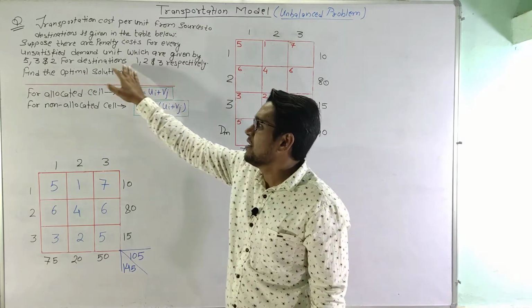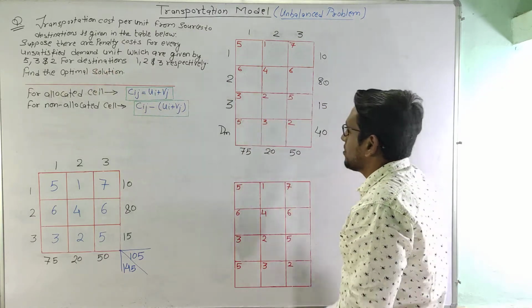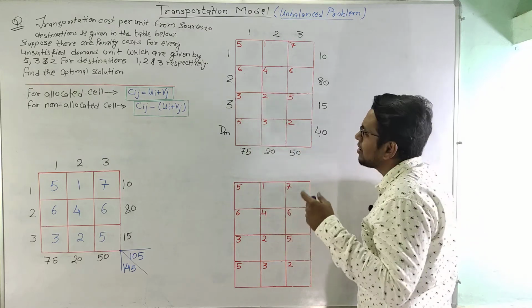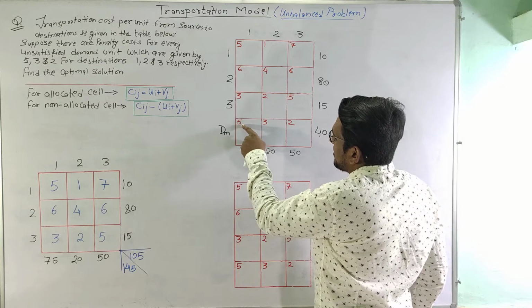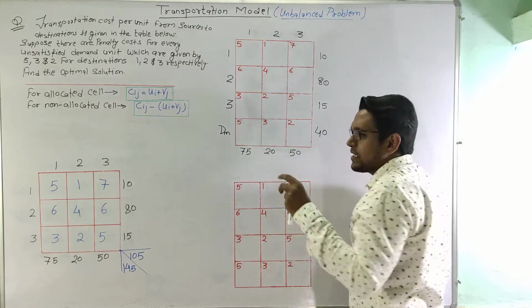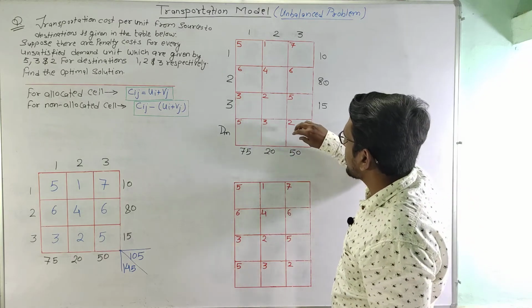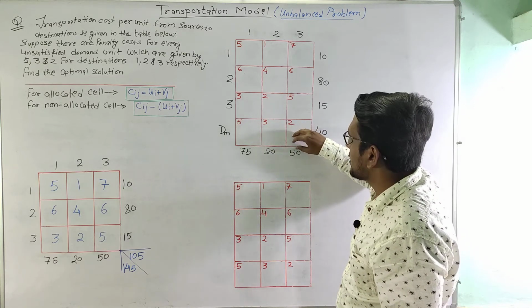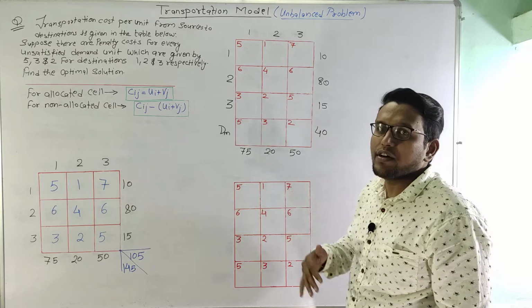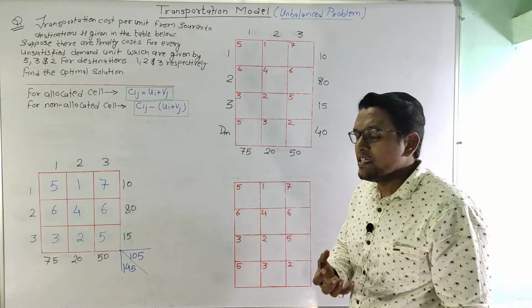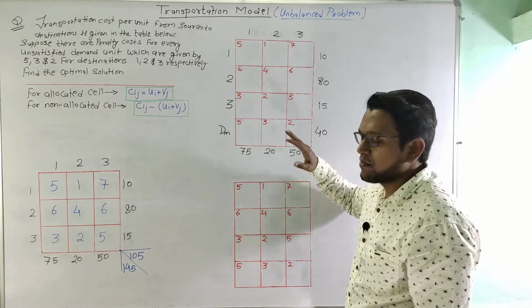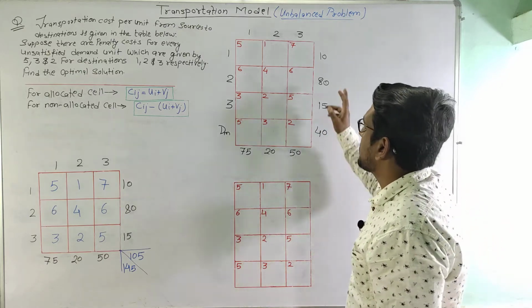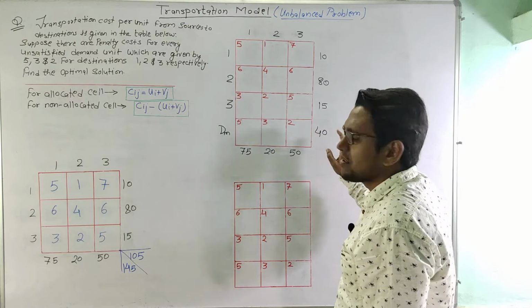It has been mentioned in the problem. So this time we will not take these transportation costs as 0, instead we will take the penalties here, so that if any allocation is made in these 3 cells, it will definitely increase our cost as the penalty is added to the total transportation cost. So let us start solving. So this will be our cost matrix.